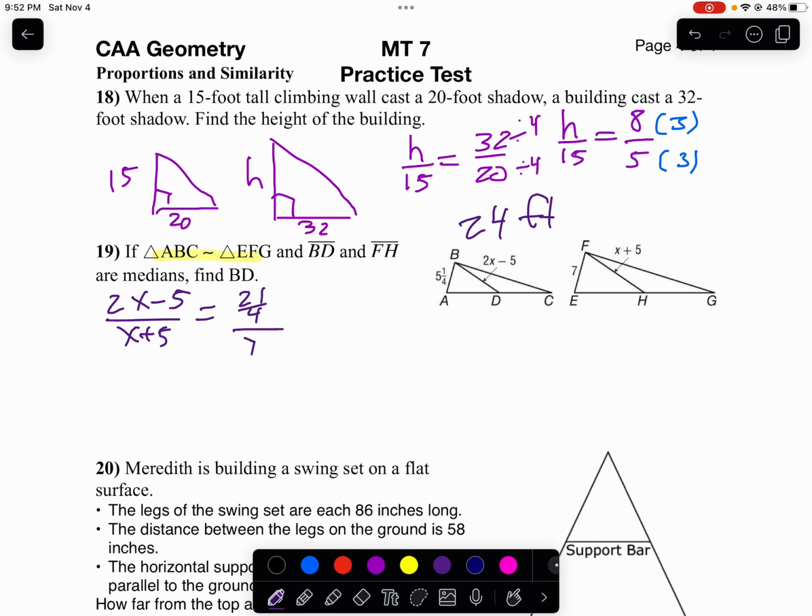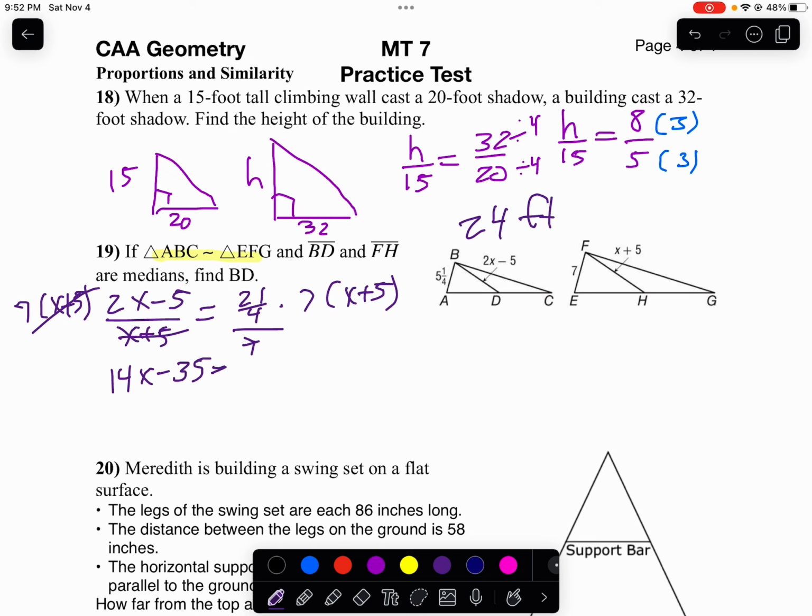So then what I'll do is multiply both sides by 7 times x plus 5. Notice my x plus 5 is reduced on the left. On the right, 7 times 2 is 14x minus 35.